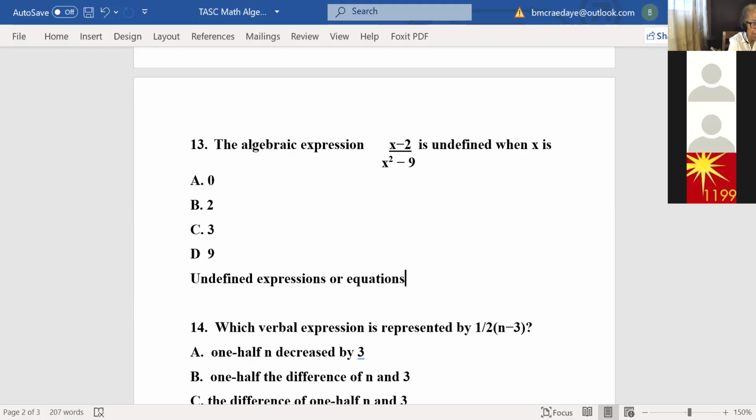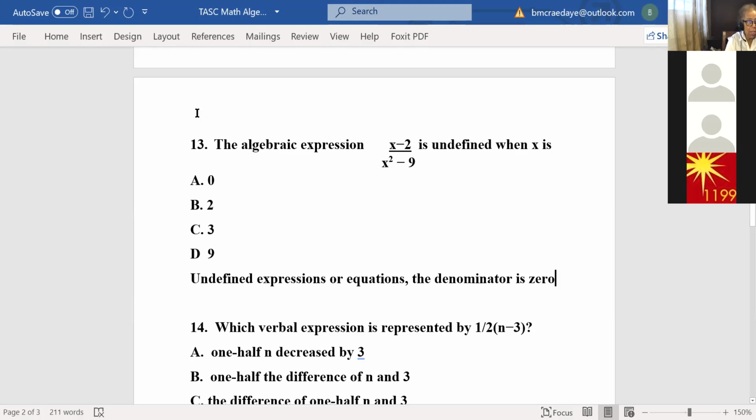The denominator is 0. Whenever you're trying to divide by 0, you get an undefined expression.